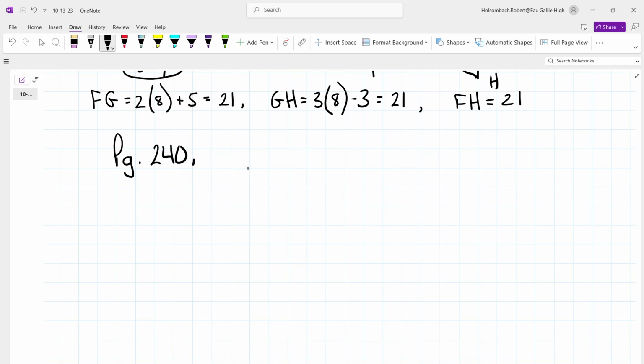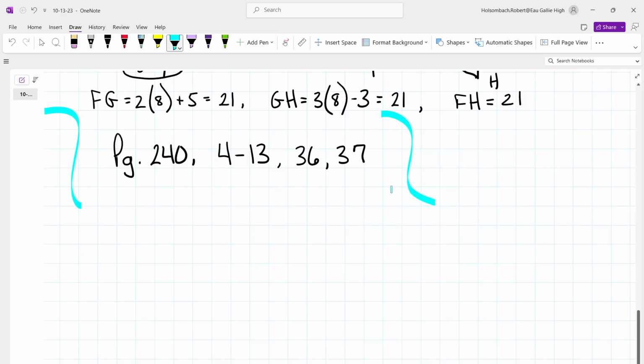Problems 4 through 13, and then I want you to do 36 and 37 over on the next page. All right. This is the second assignment of term 2. Please make sure that you are checking your odd answers in the back of the book as you're working the problems.